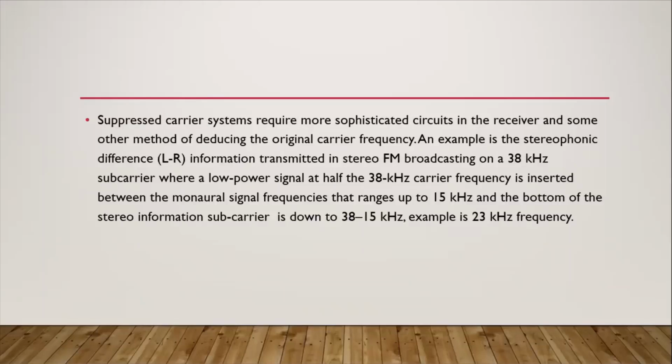Suppressed carrier systems require more sophisticated circuits in the receiver and some other method of deducing the original carrier frequency. For example, the stereophonic difference left and right, L-R, information is transmitted in stereo FM broadcasting on a 38 kHz subcarrier, where a low power signal at half the 38 kHz carrier frequency is inserted between the monaural signal frequency.